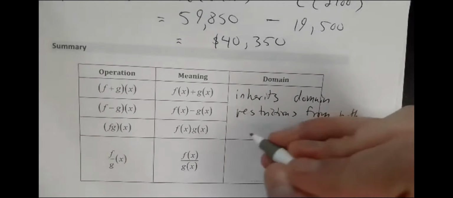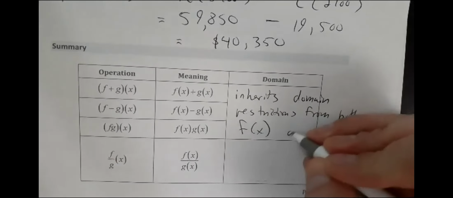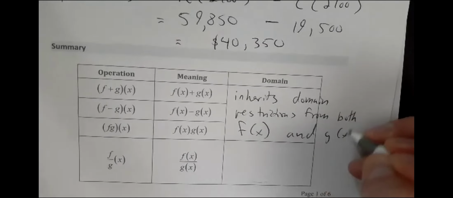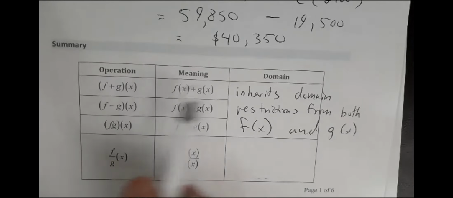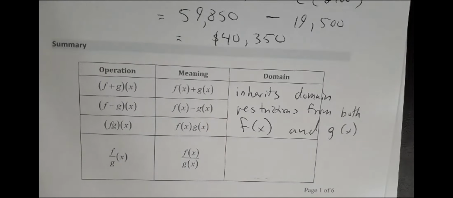So it's inheriting restrictions from both f of x and g of x. We've got to look at both of our functions. If there's anything we can't plug into this or we can't plug into this, we can't go plugging it into operations with them in there. Again, we'll get an example on the next couple pages, and we'll talk about their domains and how those things get influenced with some solid examples.